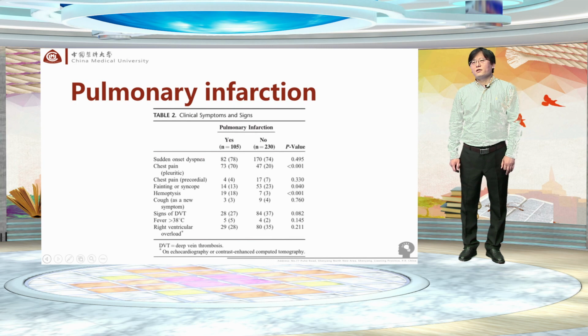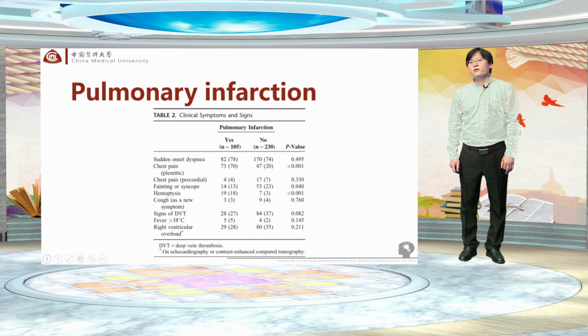Here is a study. It tells us the symptoms of pulmonary infarction. This study compares those with pulmonary infarction and those with pulmonary thromboembolism without pulmonary infarction. You can see here that both groups of patients have sudden onset dyspnea.